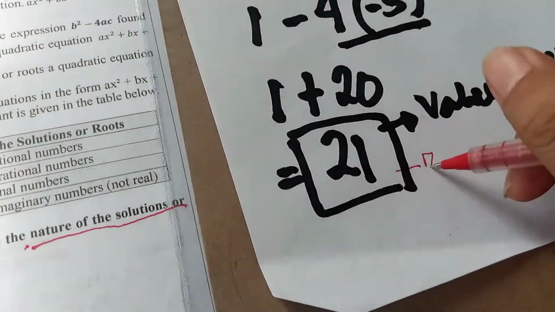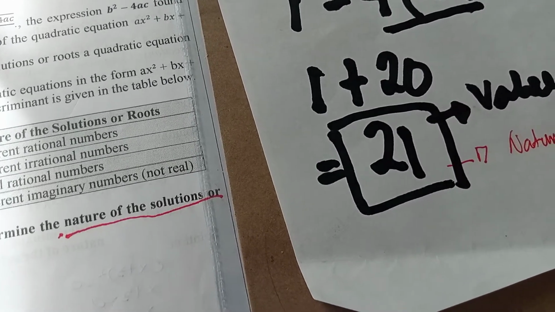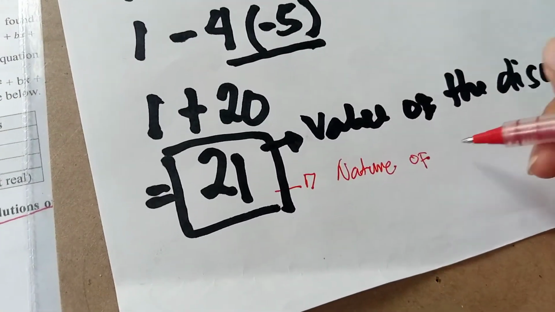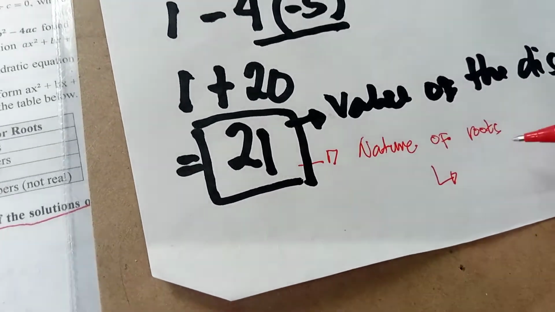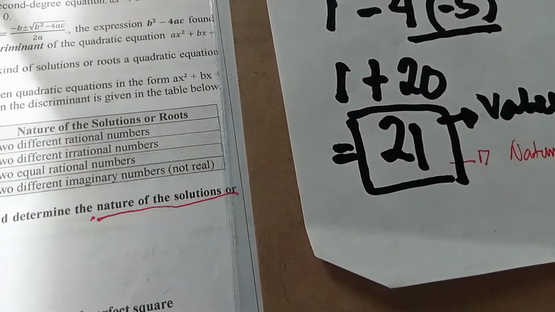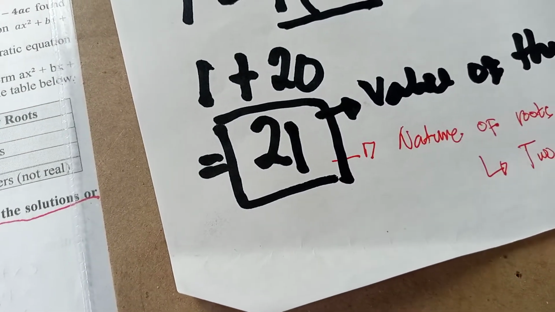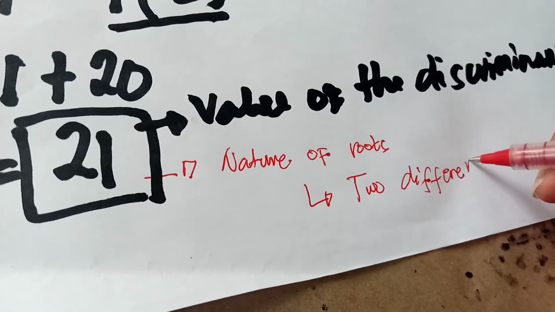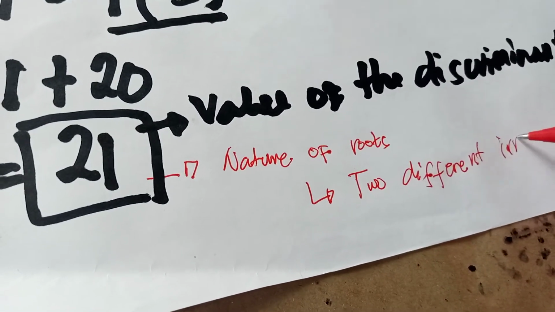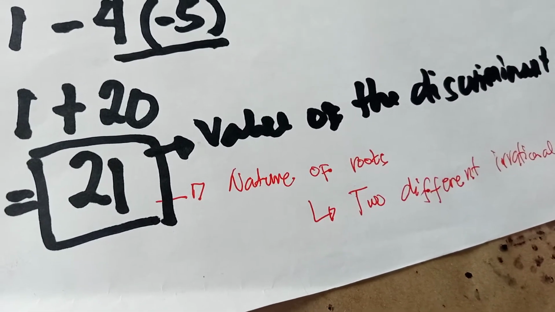So the nature of roots is two different irrational numbers.